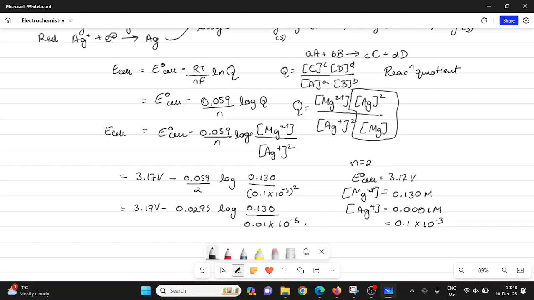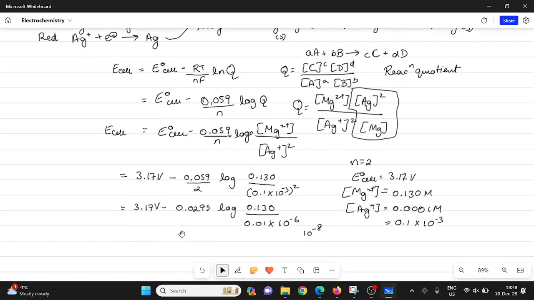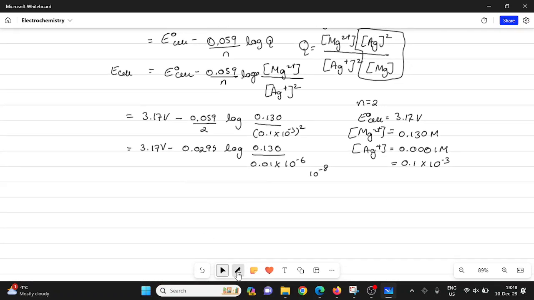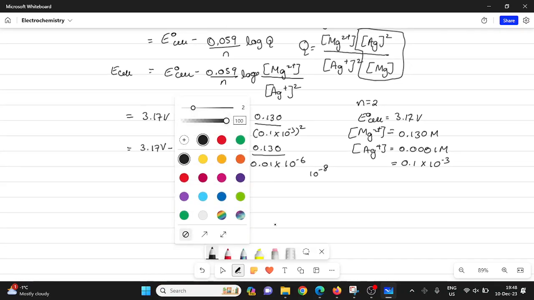Now this whole thing will be equal to 10 to the power minus 8, right? Because you switch the decimal point over to the right, you get 1. So 10 to the power minus 8. This I just did so that it's easier to simplify. At least this is what made sense in my head.